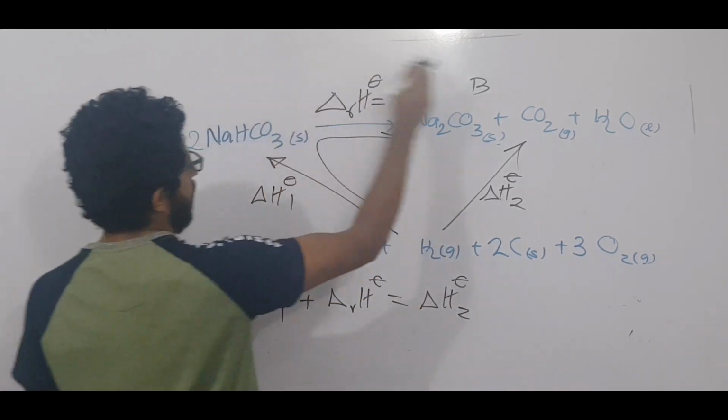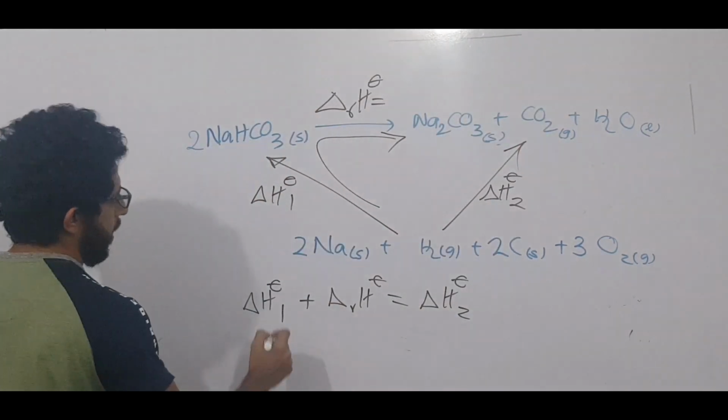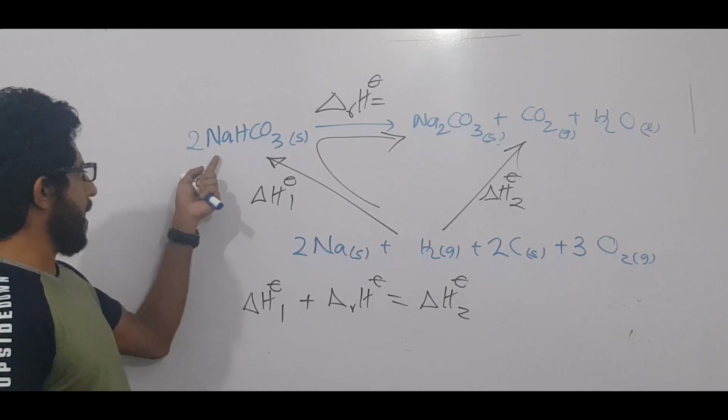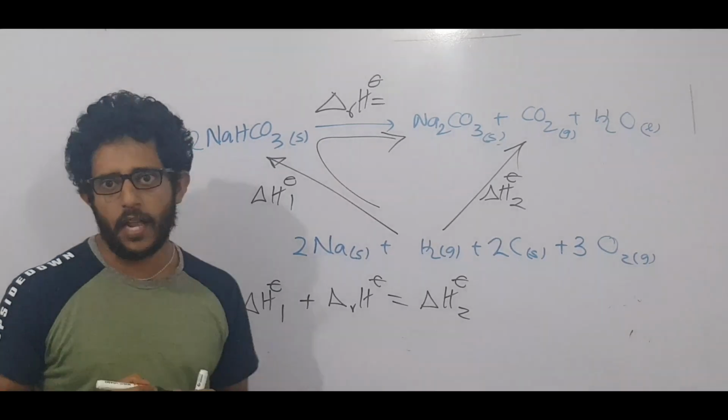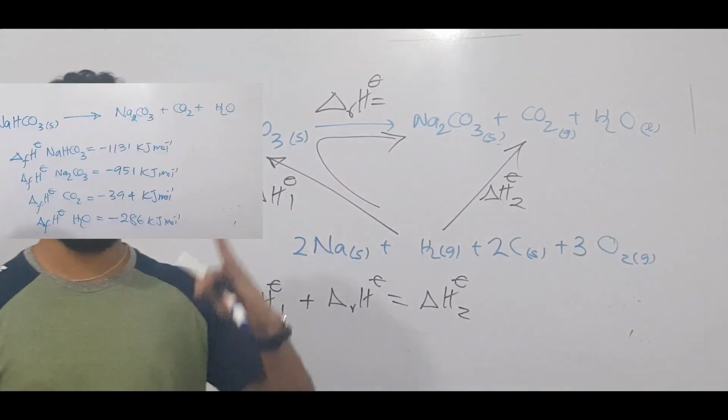I'm erasing this A and B now. So what is delta H1? Formation of NaHCO3. Now formation enthalpy suggests formation of 1 mole.